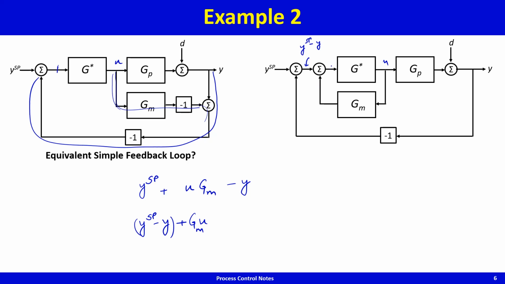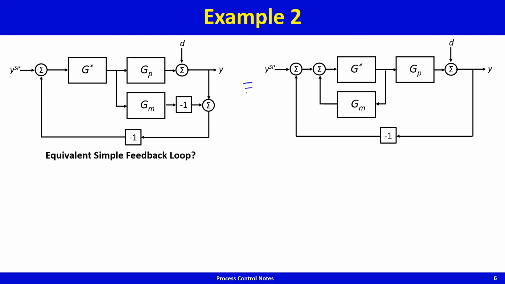So this guy is y set point minus y plus gm times u, as it should be. So you can see that these two block diagrams are actually equivalent. And now we have everything in the way we wanted.